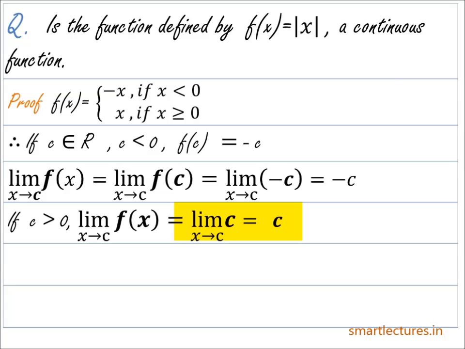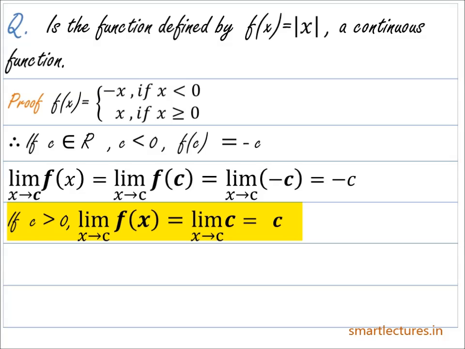And now because c is a positive number, and for a positive number the value of the function f of x is equal to itself, if c is greater than 0, then the limit of the function at point c is equal to the value of the function at the point c.